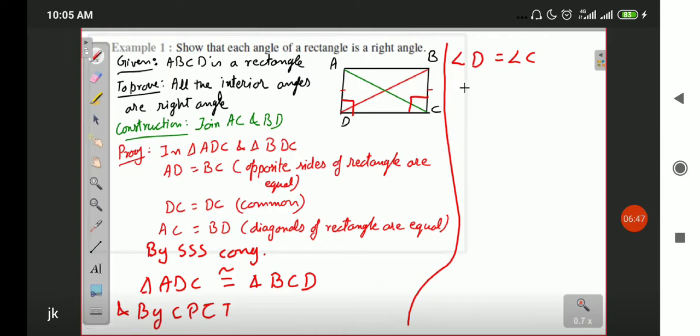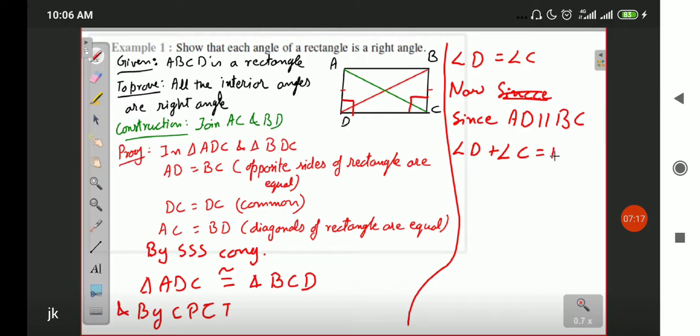Now since lines AD and BC are parallel, why? Because opposite sides of a rectangle are parallel. That means angle D plus angle C is equal to 180 degrees.